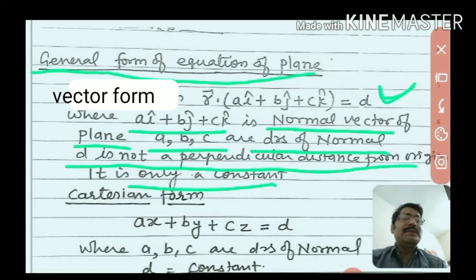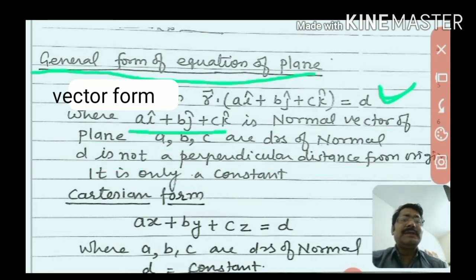Why? Because a, b, c are only direction ratios. If we change a, b, c into direction cosines, then only d will be the perpendicular distance from the origin, but now these are not direction cosines, so d is only a constant. How to convert this normal form to Cartesian form? Look here, this is very simple.